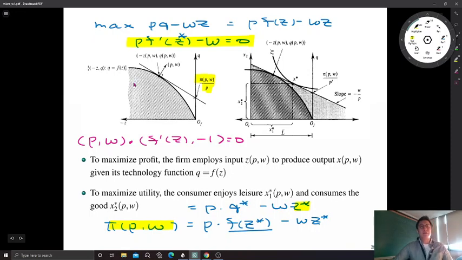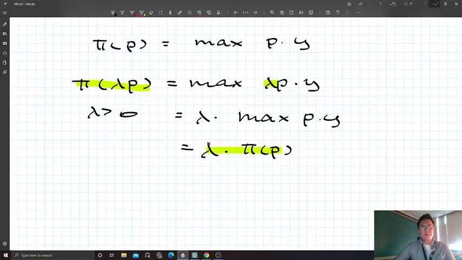All right, so this is the firm's problem. Now consider the consumption problem. To maximize utility, the consumer enjoys leisure x1 star and consumes the good x2 star. Let me draw one more picture here.